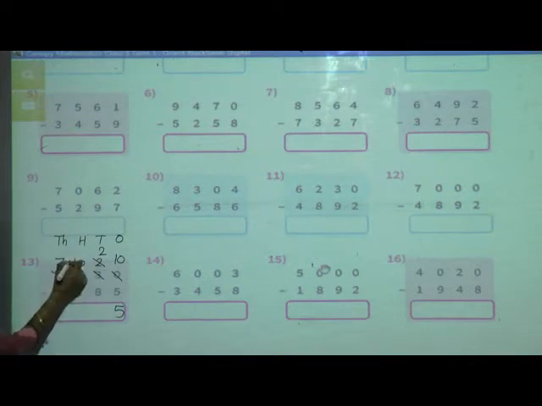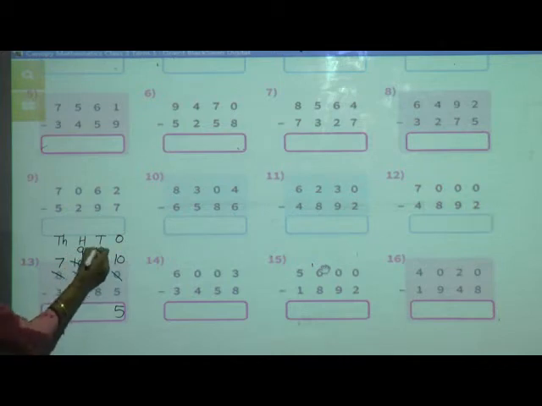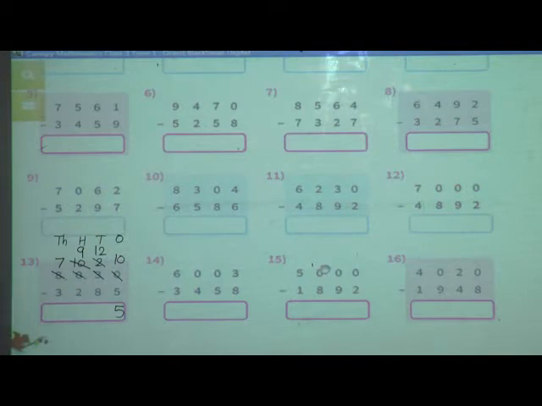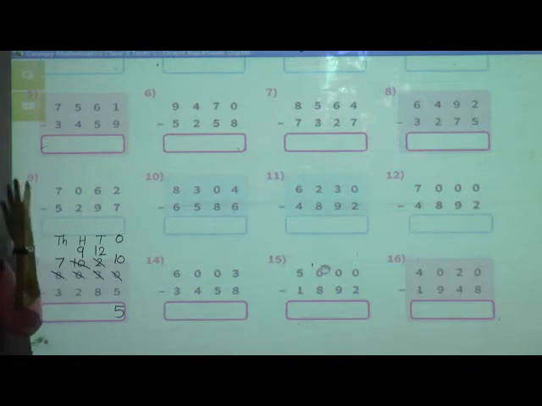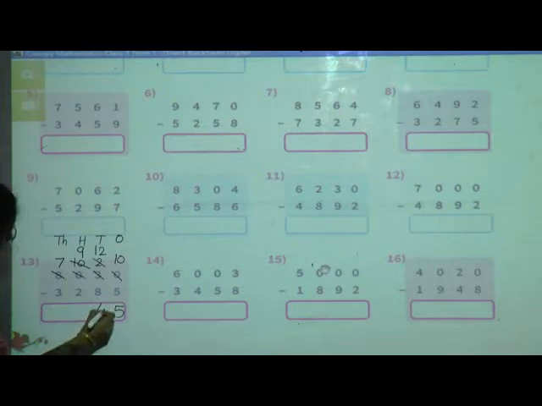So 10 minus 1, 9, and this 2 will become 12 because he gave 1 borrow to the tens. Now see the tens place. Here 12 is there and here 8 is there. 12 minus 8, count your fingers after 8 till 12: 9, 10, 11, 12. So 12 minus 8 is 4. At tens place we will write 4.